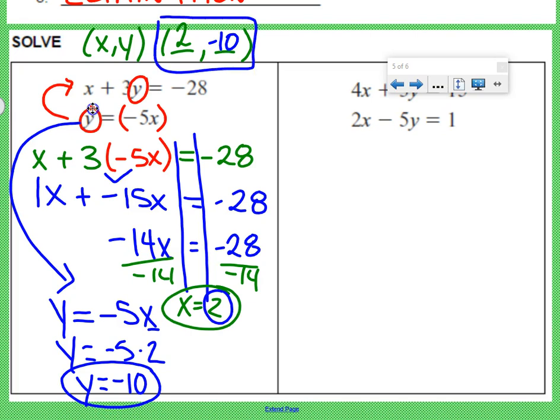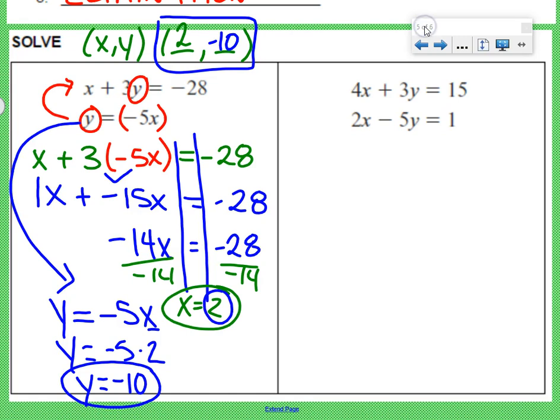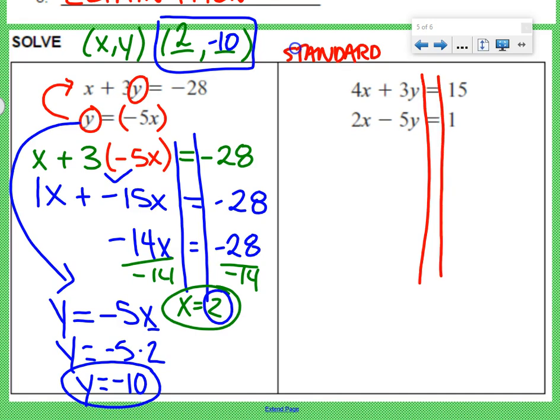Last example, we have a good example for elimination. And the reason why this is good for elimination is because they're both in standard form. When two equations are in standard form, it's really easy to use elimination. So first off, we need opposites. We need two variables that will cancel out. So if I look at 4x and 2x, if I multiply 2x by negative 2, it becomes negative 4, which is opposite of this positive 4 here.